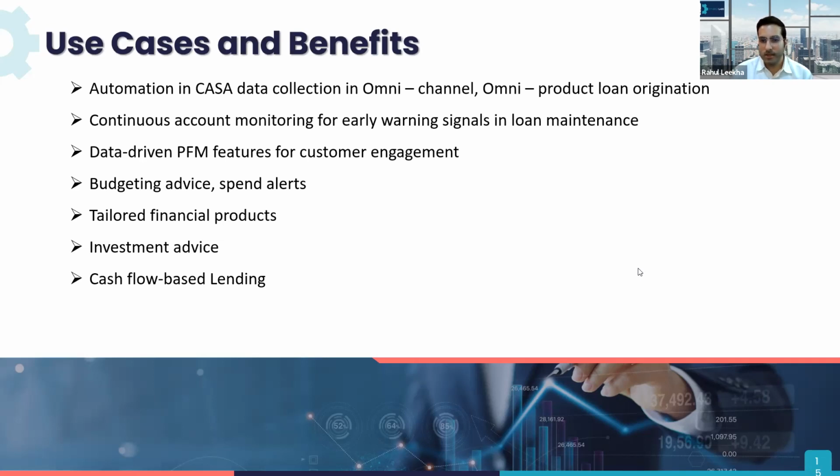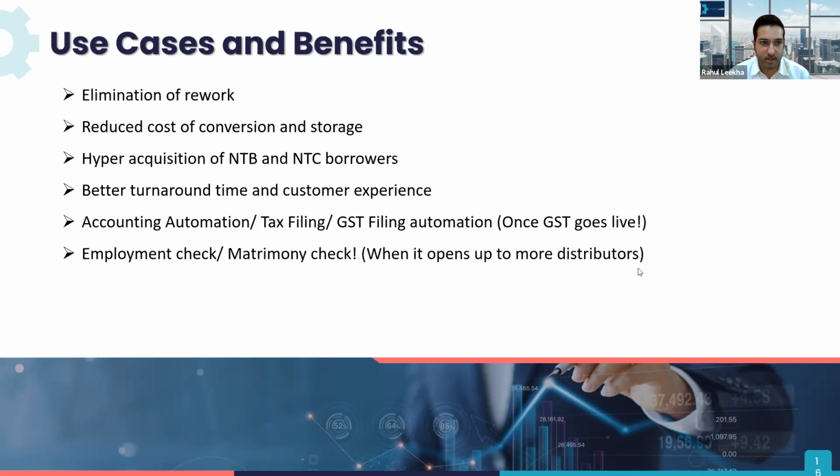And I think the whole government push is also going into this, and they push PSUs with a deadline of being online by 1st of August because of cash flow based lending. So, in terms of the benefits, of course, the elimination of rework with all the PDFs going away, the reduced cost of conversion and storage again because of PDFs as a system going away, or scans need to not be there.